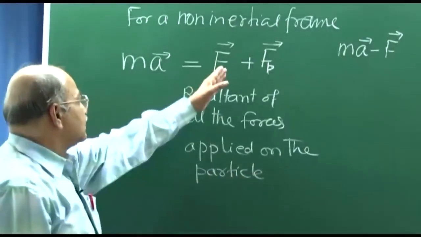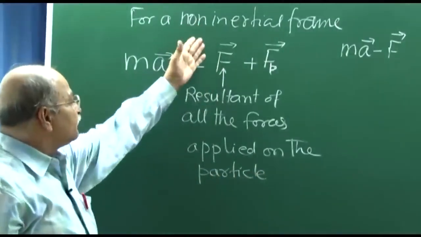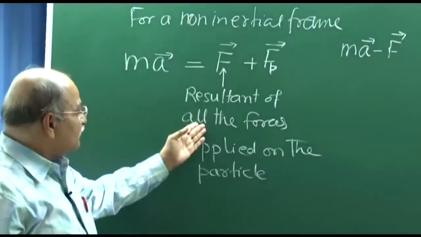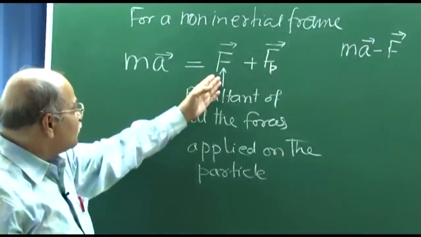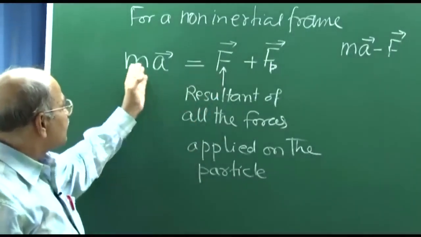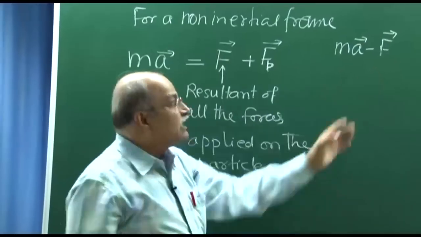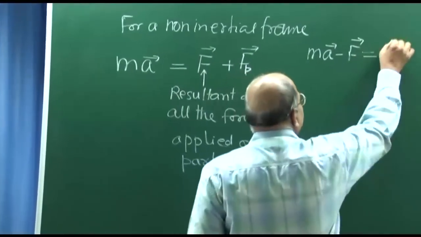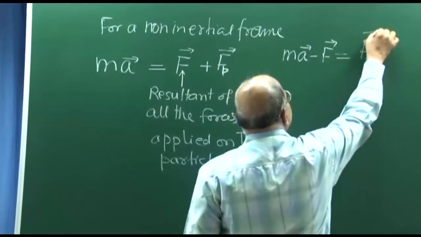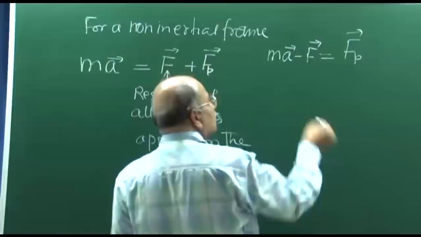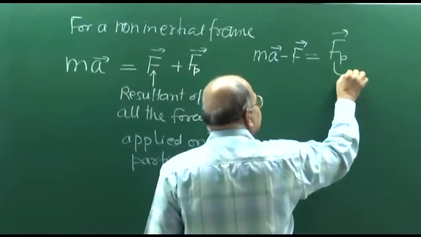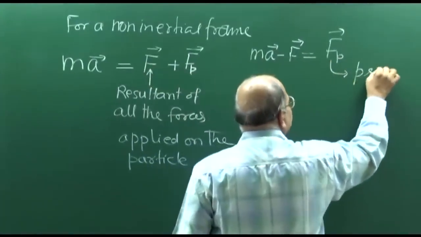And if this frame is non-inertial, the resultant of all the forces applied on the particle is not the same as mass times acceleration. So, ma minus F will not be 0, and that we are writing as Fp. And this extra term which is coming because of this non-inertial frame is known as pseudo force.